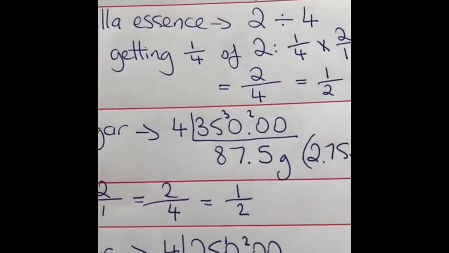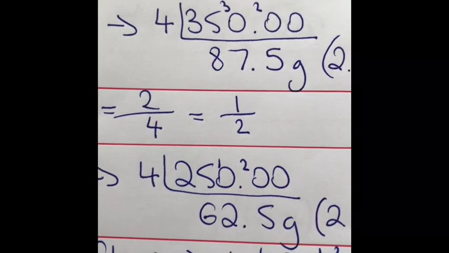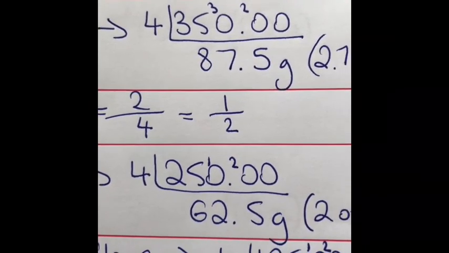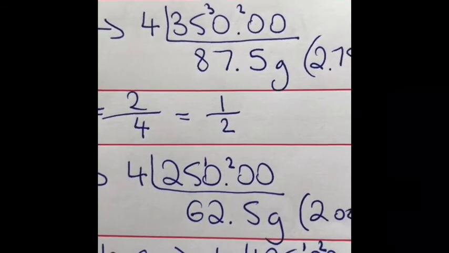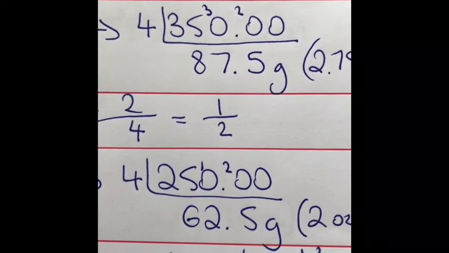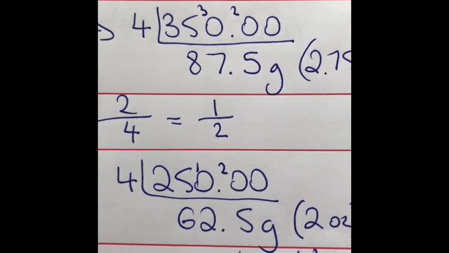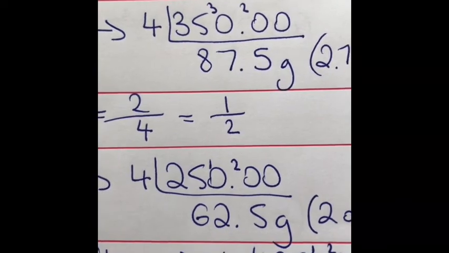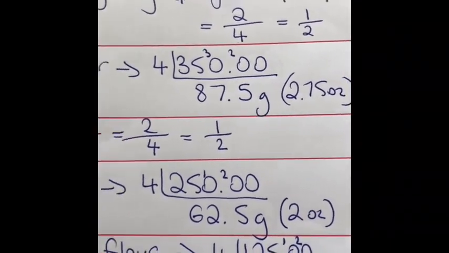So 4 into 2 doesn't go, 4 into 25 goes 6 times, because 6 fours is 24. We've 1 left over. 4 into 10 goes twice, which is 8, and we've 2 left over, and 4 into 20 goes 5 times. So 62.5 grams is what we get there, and 2 ounces.